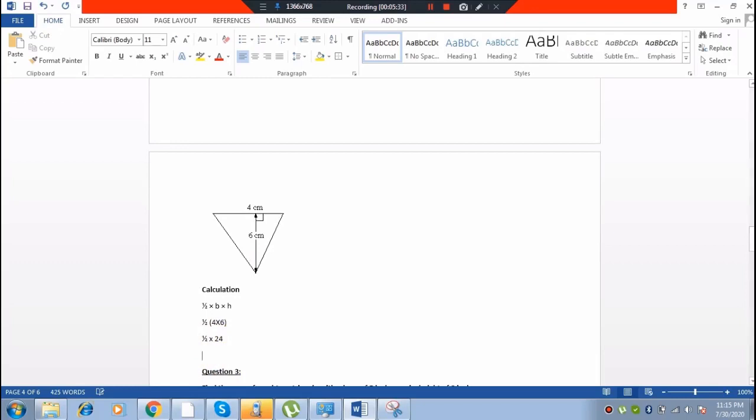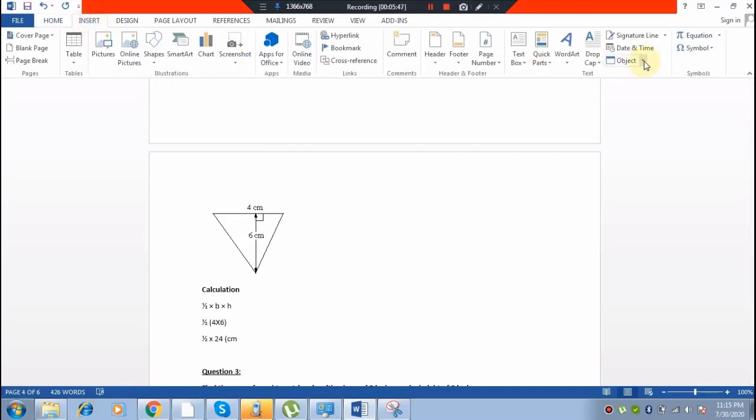Remember guys, the units change: it is now square centimeters. Always remember that it's square centimeters.